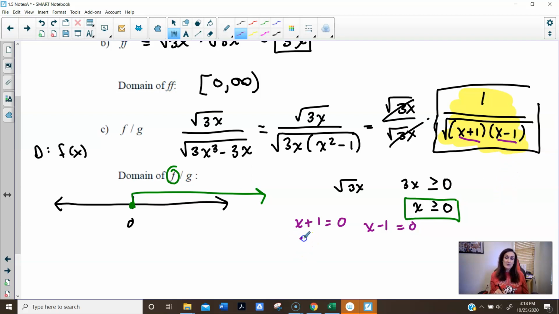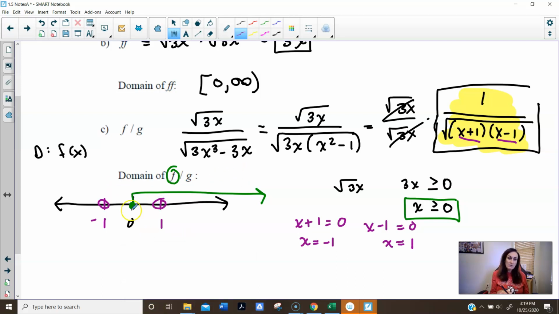All right, so x is equal to -1 and x is equal to +1. So here's -1, and I know that I cannot use -1 because that'll give me a 0 in the denominator. And I cannot use +1 because that will also give me a 0 in the denominator.